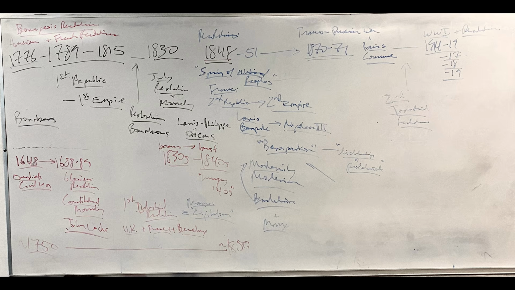He participates in the Revolution of 1848. He's inspired by Proudhon and participates in the Revolution of 1848. I should also say, Frankfurt School. Where was the center of the German Revolution in 1848? Frankfurt. That's where the National Assembly was.